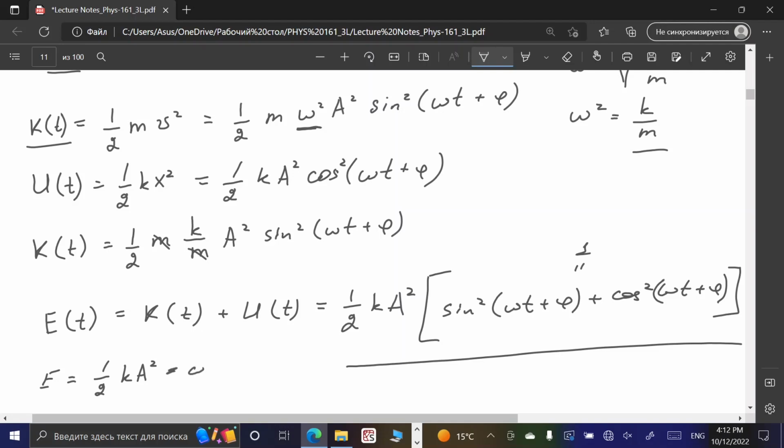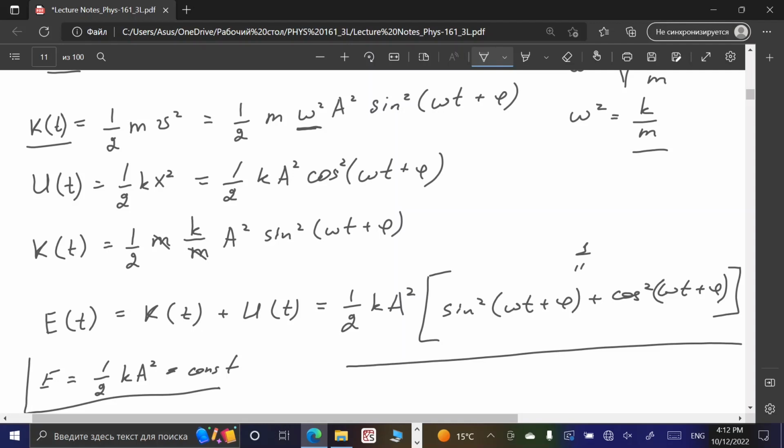And we can even specify that it will be constant. So what we see already here is that no matter at which time we consider total mechanical energy, it will be a constant parameter and will be defined by the maximum potential energy of the system. So if you take a look here, for instance, potential energy of the system is 1/2 k times a squared times cosine squared, some periodic function.